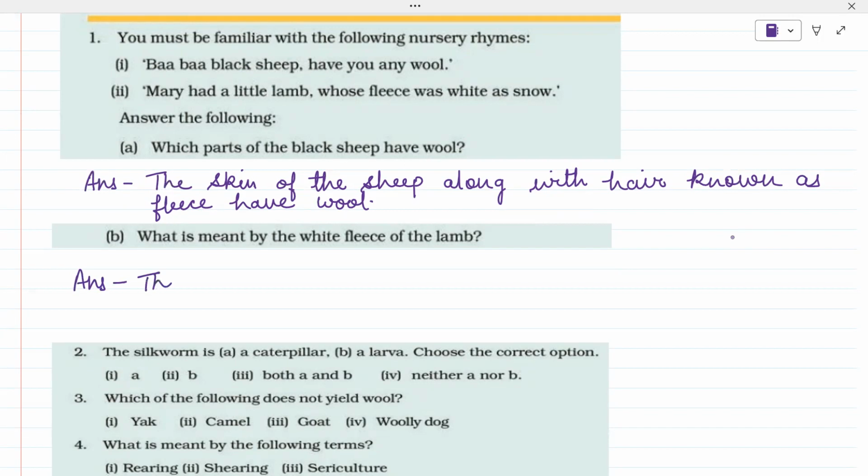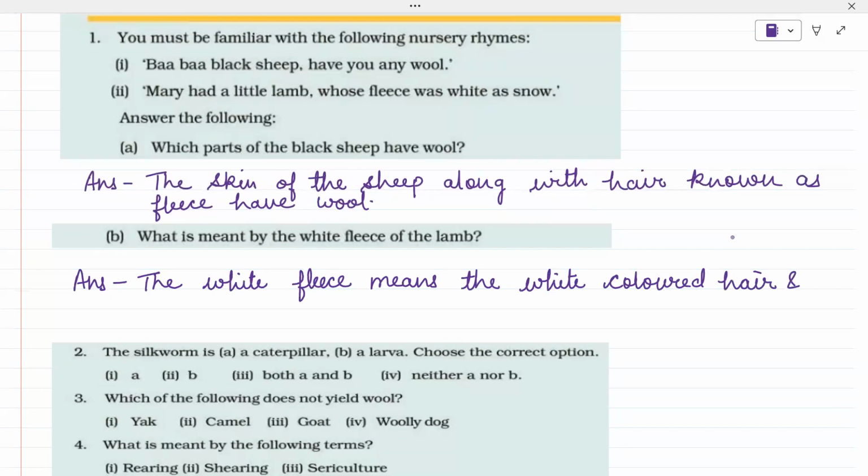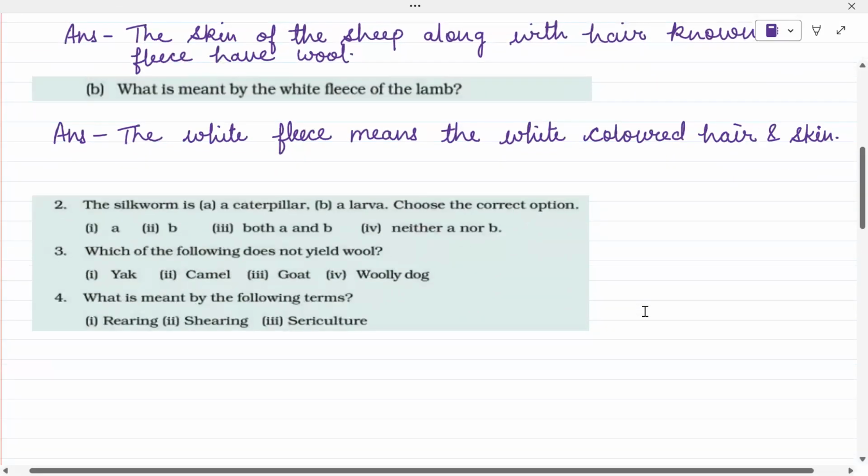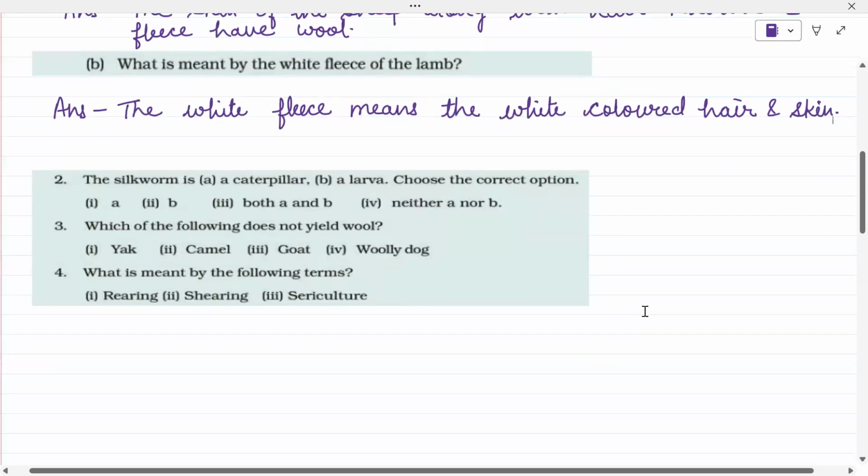The white fleece means the white colored hair along with the skin, right?